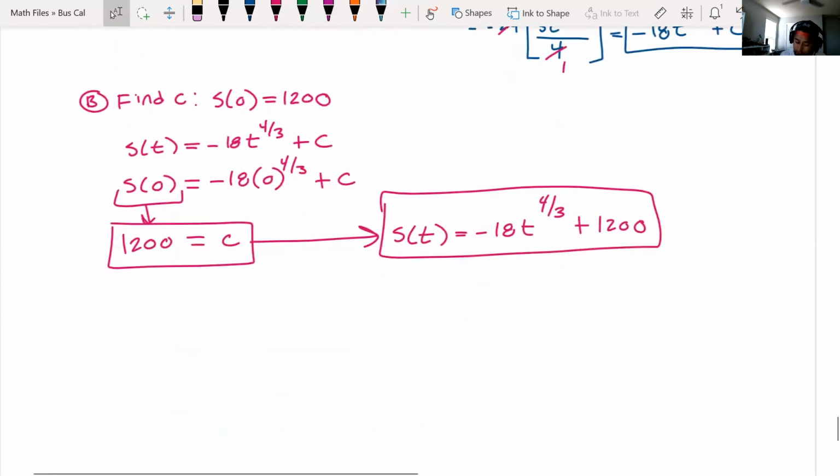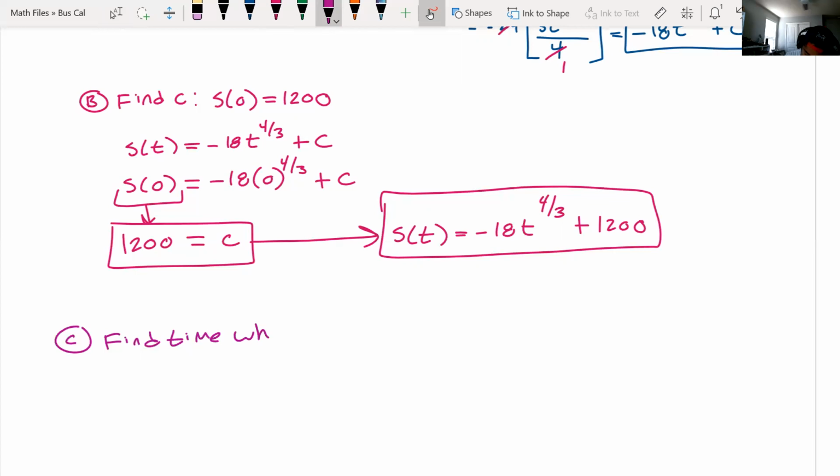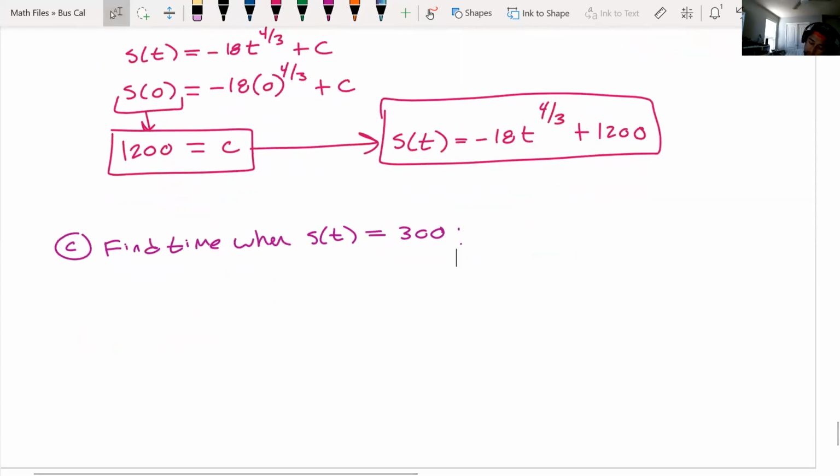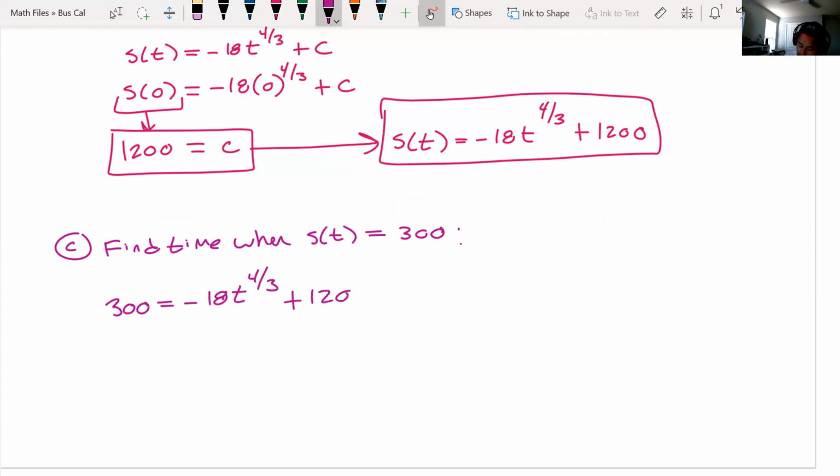So for C, we're going to say find time when S of t reaches 300. So all we're going to do with that is take 300 and plug it in for S of t, not t, S of t. So you're going to get 300 equals negative 18 t to the 4/3 plus 1200. And we're going to solve for t.